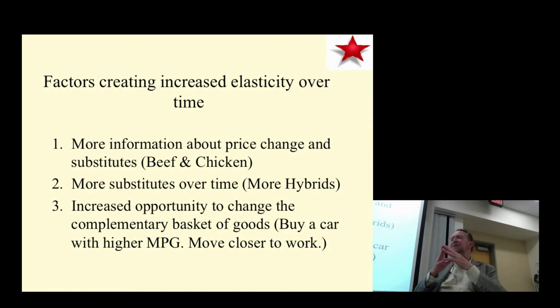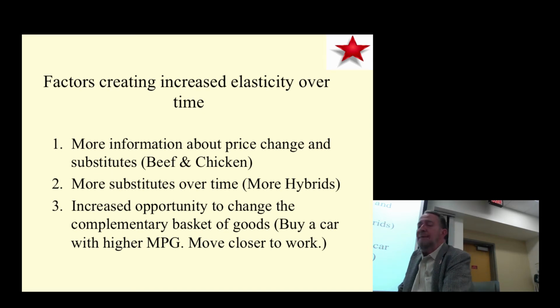But over time, as you know, technology's changed, and then gas prices went back up again, stimulating more and more hybrids being produced. And then they had a breakthrough with the electric motors, so now the hybrid is actually faster than a gasoline engine. It's 0 to 60 in 2.6 seconds or something like that. I mean, it pushes you back in the chair. Good. More substitutes over time means a bigger response.